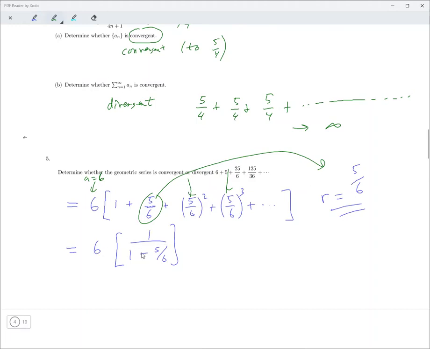So it's a times 1 over 1 minus r that it converges to. That's 6 over 6/6 minus 5/6, so 6 over 1/6. Pull that up to the numerator, it's 36. So it converges to 36. Any questions about that?